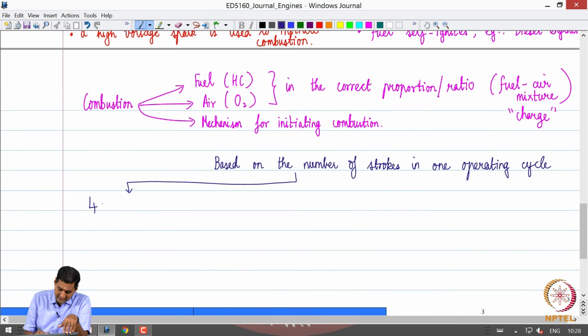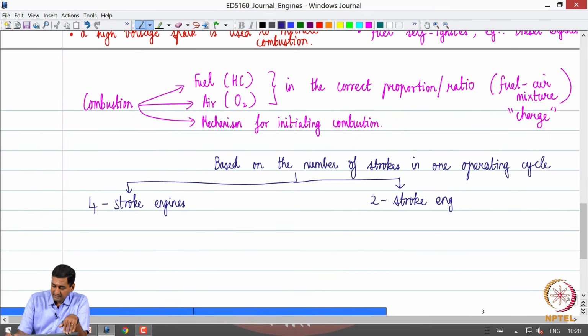So, based on this criterion, we have what are called 4-stroke engines and 2-stroke engines. And as we can readily interpret from the term itself, a 4-stroke engine is an engine where we need 4 strokes of the piston to complete one operating cycle of the engine.